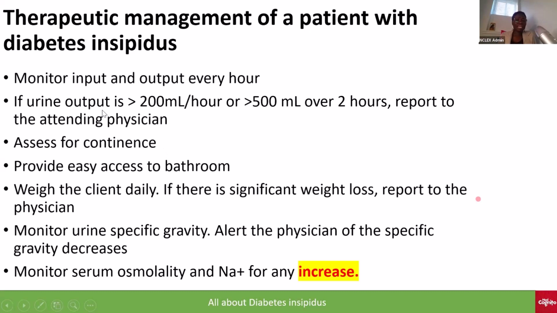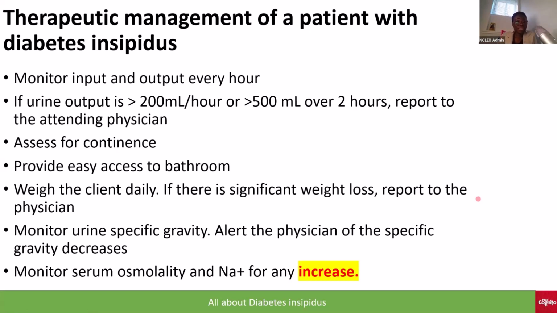And if you have any clients losing a lot of fluids, to be a safe nurse, we've got to monitor the input and output every hour. If the urine output is more than 200 ml per hour or more than 500 ml over 2 hours, we have to report to the attending physician.